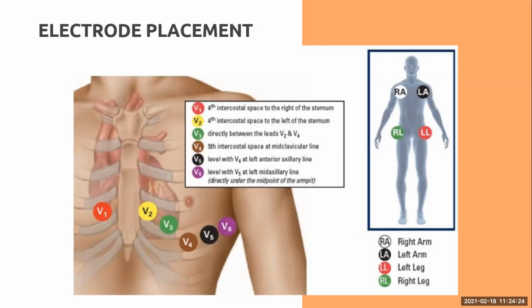Then, at the left of the sternum, on the same line, just parallel, we put the V2, and then we put the V4 at the fifth intercostal space at the mid-clavicular line, and between V2 and V4 we put the V3. And then we put the V6 at the mid-axillary line at the fifth intercostal space, and between V4 and V6 we put the V5.